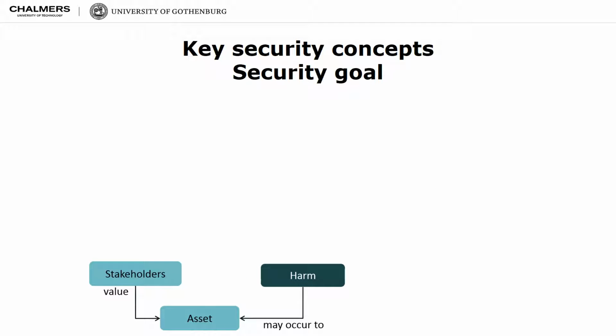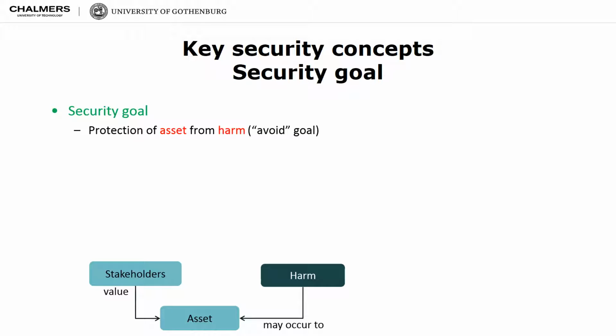In the next couple of slides, we will cover some key security concepts. And first, we will start with the concept of a security goal. In security, a very important concept is the one of an asset. An asset is something that has value to the stakeholders and therefore needs to be protected from a security perspective.